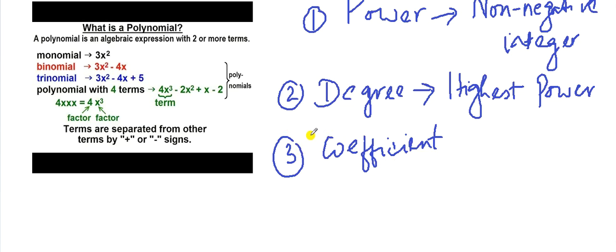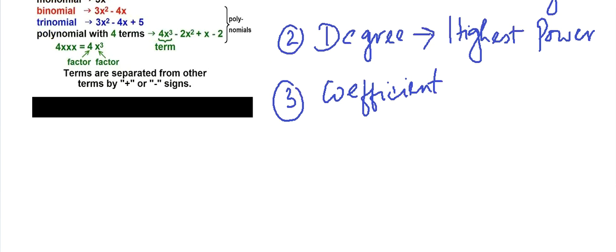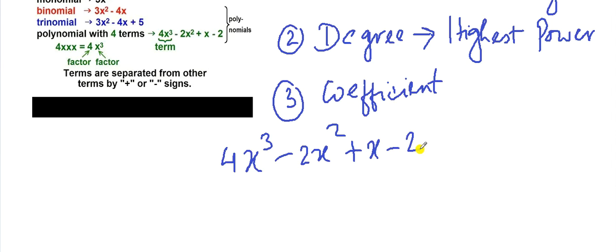So for example, if I am taking the example 4x cube minus 2x square plus x minus 2, and I want to find the coefficient of the term x square, it is -2.